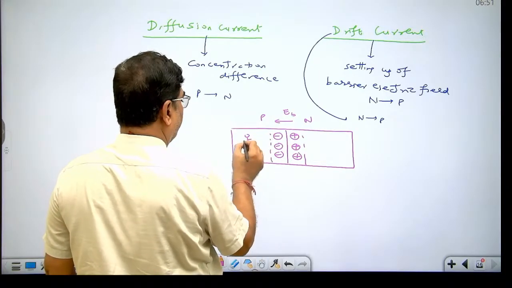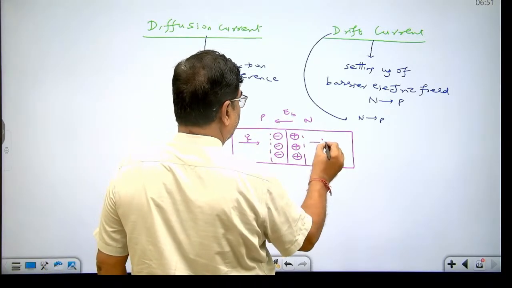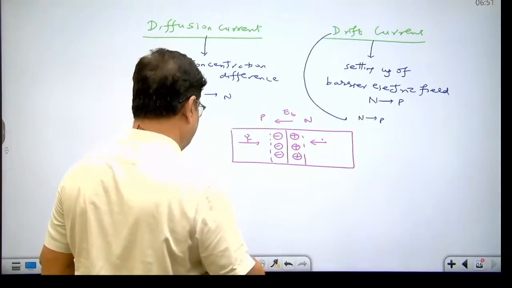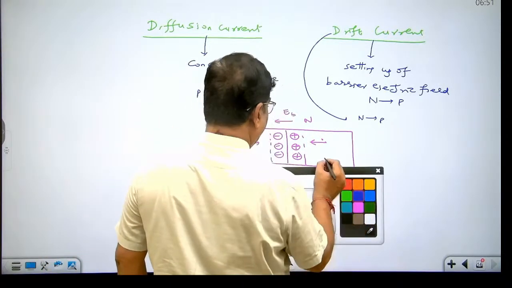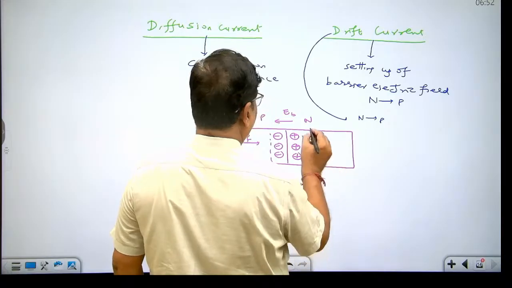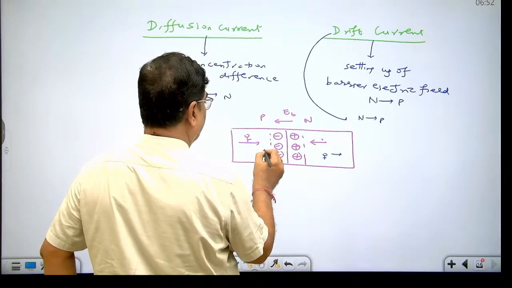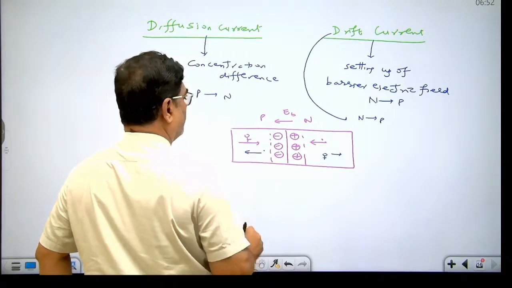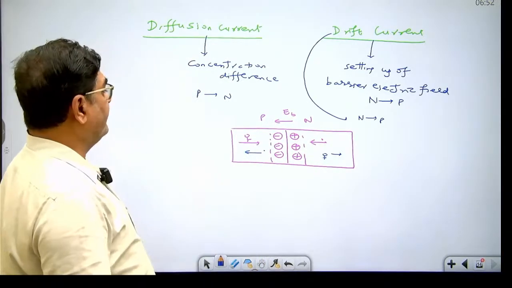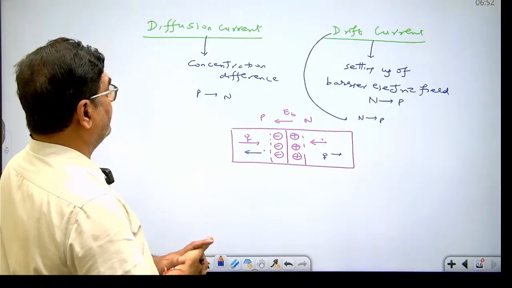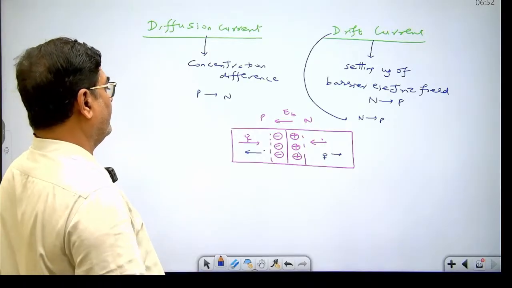And this is the motion of the majority charge carriers, so direction of diffusion current is from P to N. And this is the motion of the minority charge carriers. So direction of diffusion current is from P to N and direction of drift current is from N to P.